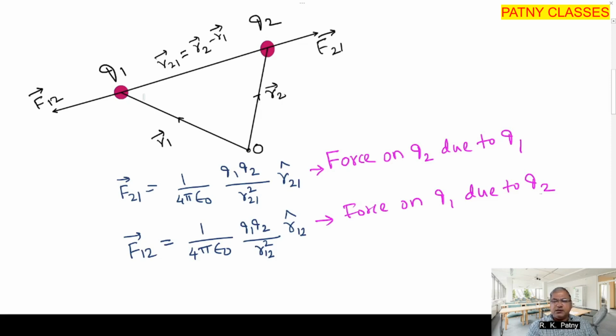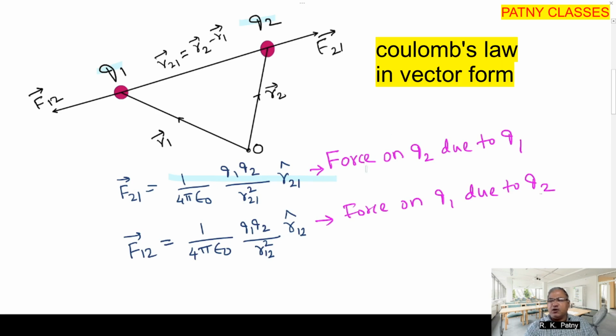Here let us have a quick revision of Coulomb's law. Here I have the Q1 charge, and another, the Q2 charge. The force between Q1 and Q2 is given by 1 upon 4 pi epsilon naught, Q1 Q2 upon R square, multiplied by a unit vector. Here are the expressions for the force on Q2 due to Q1 and the force on Q1 due to Q2.